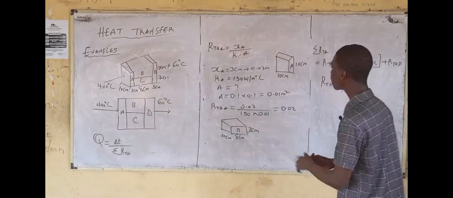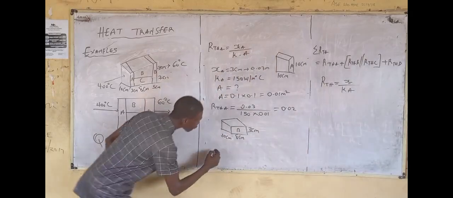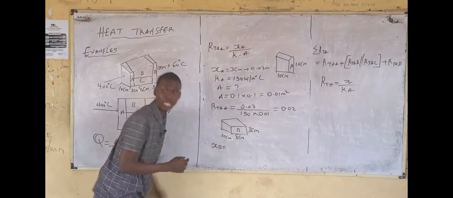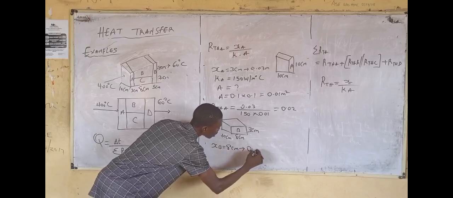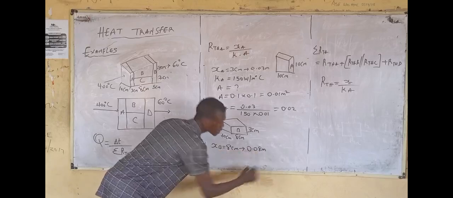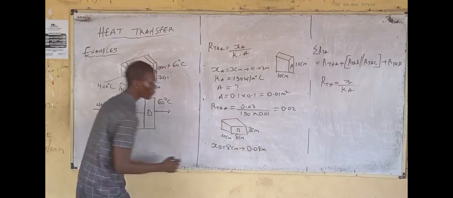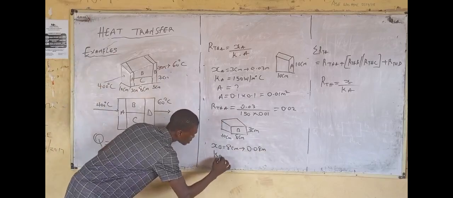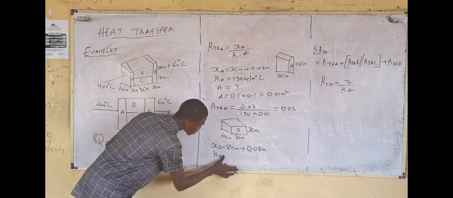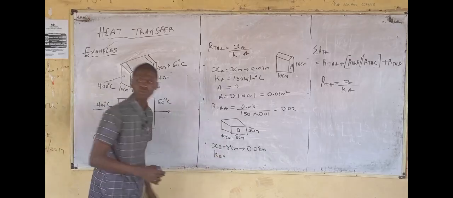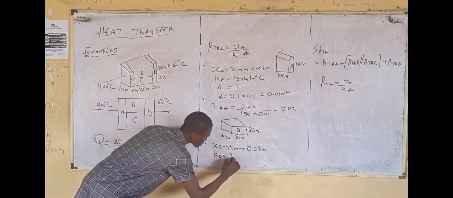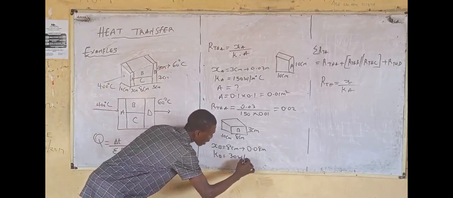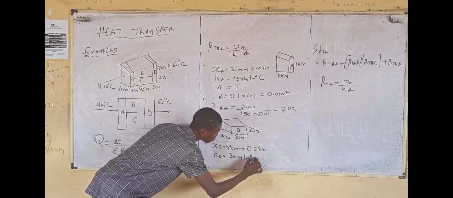Now, from here, x of B is 8 centimeter, which is 0.08 meter. We are converting to meter now. The thermal conductivity of wall B is given to be 30 watts per meter degree Celsius.